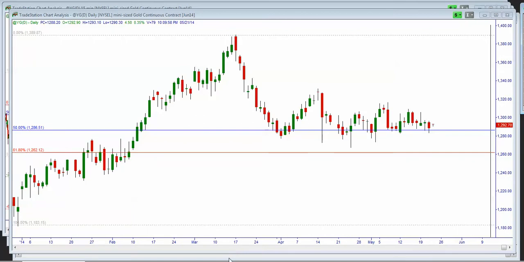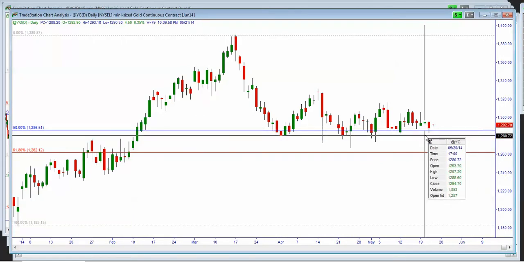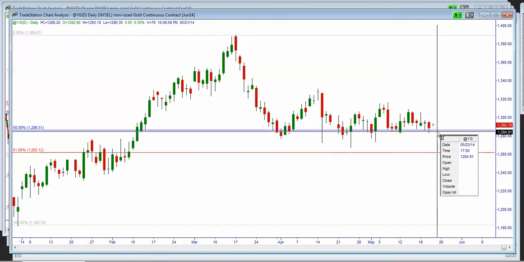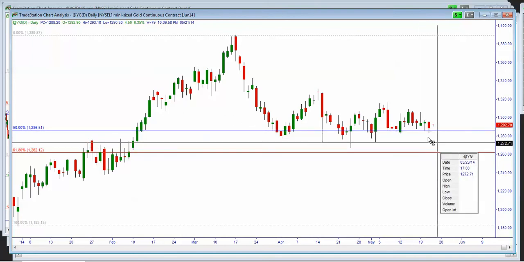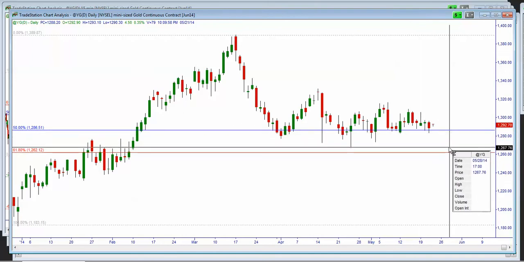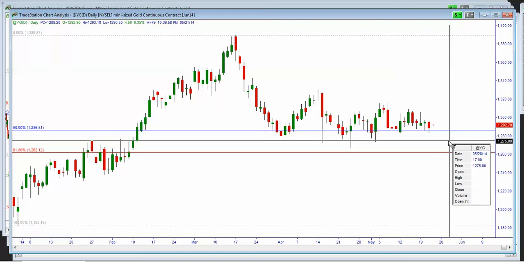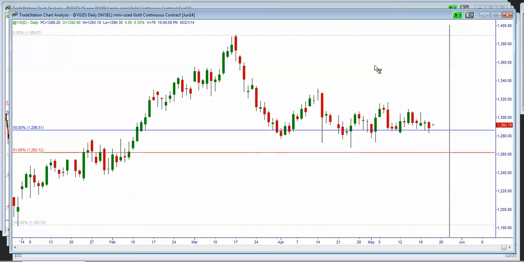The gold mini again went to retest this level and bounced off that level. So this level is still a safe level with a stop below lows here, and you can use previous lows as well.